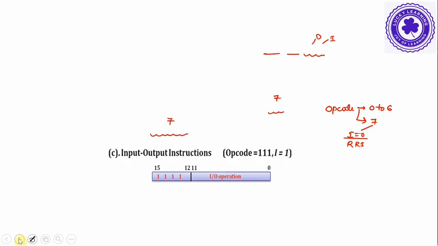In the case of input output instructions, the opcode is 7, but the mode bit is 1, meaning I equals 1. It means the most significant 4 bits of input output instructions are four ones, which in hexadecimal representation we call F.